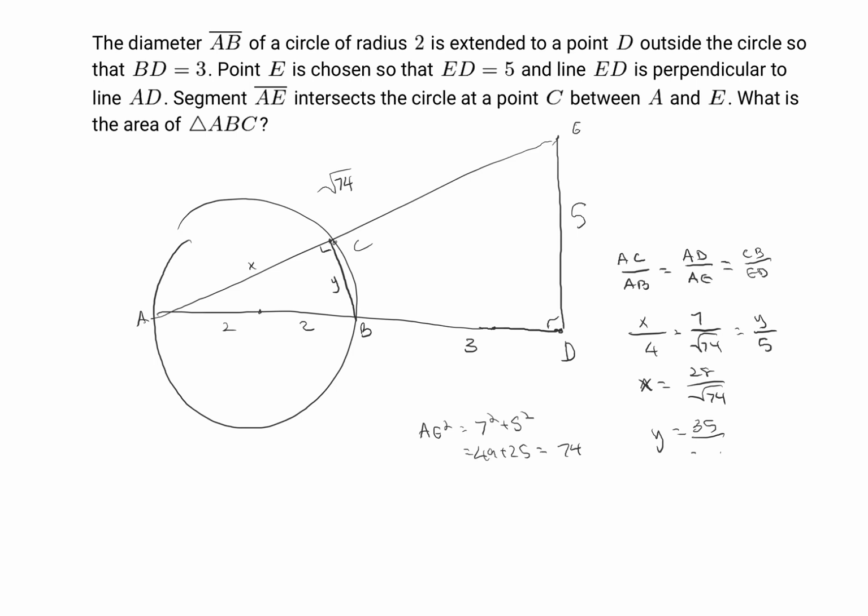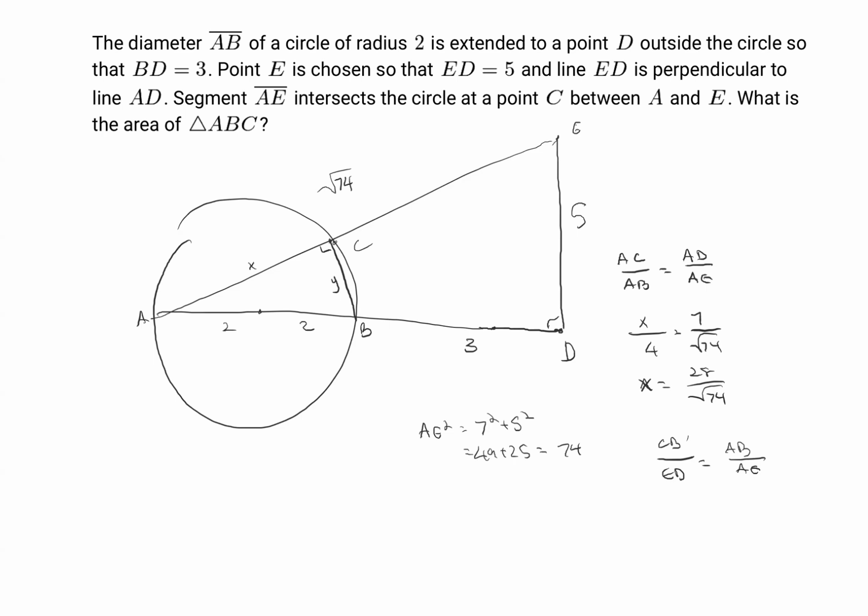Oh, wait. No, sorry. This is wrong. I don't know what I was thinking. I had a bit of a brain freeze. What I actually meant to do was CB over ED equals AB over AE. That looks right?